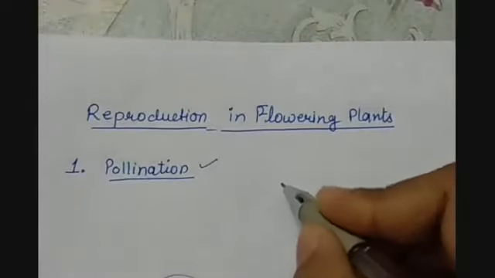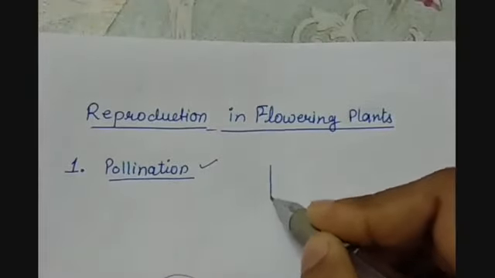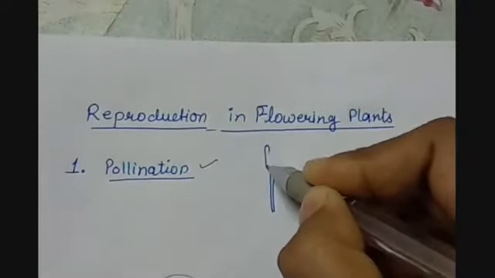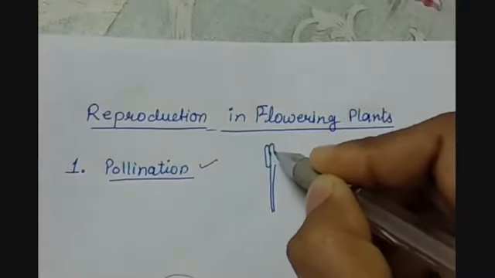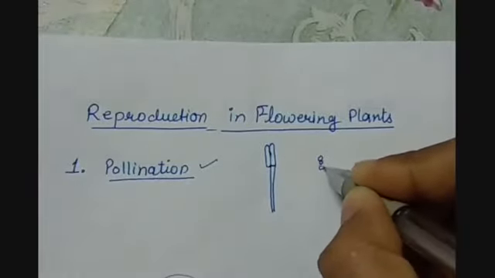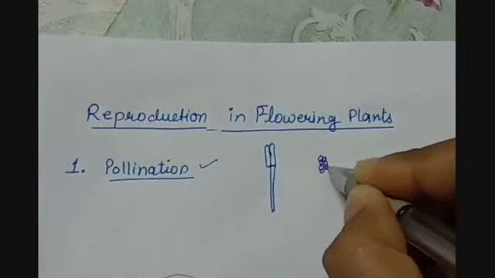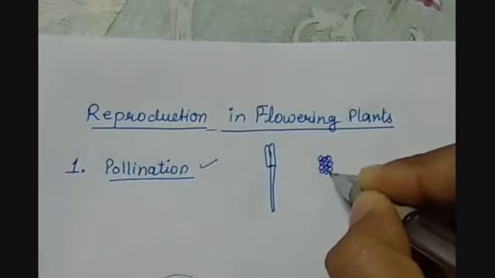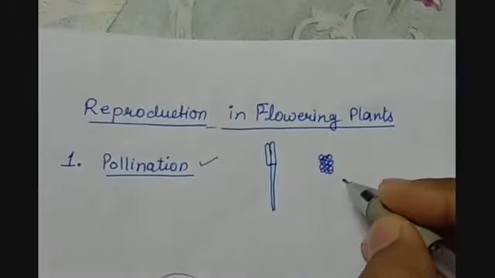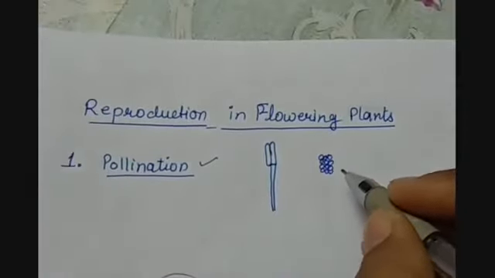We have just seen that a stamen has a filament, and over it, it has the anther. The anther has numerous pollen grains in it.